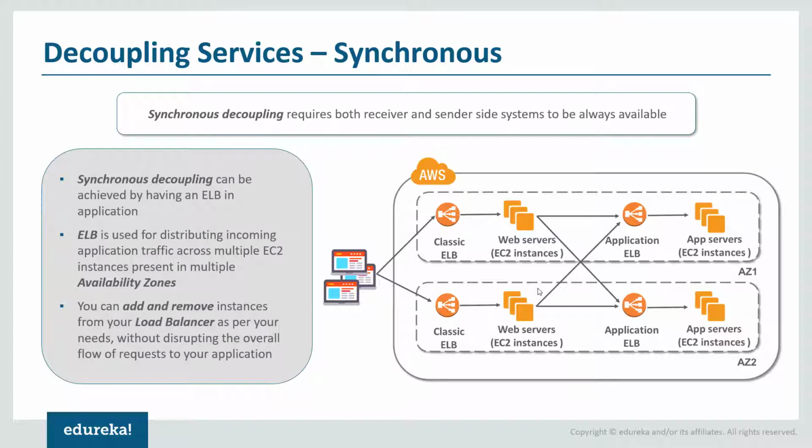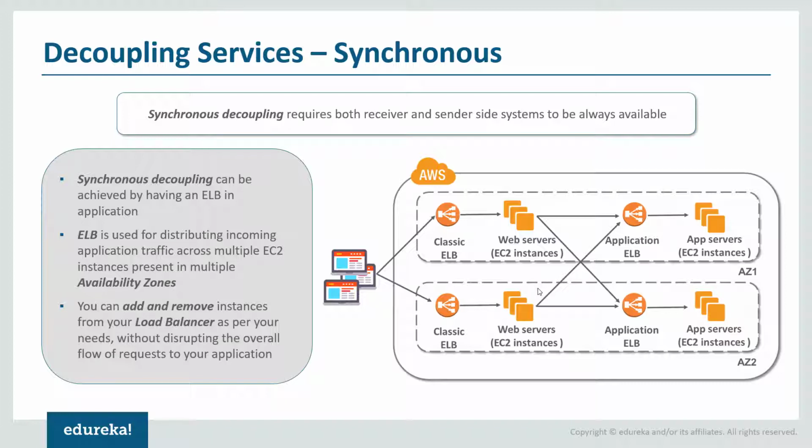If you observe the diagram, I have two sets of instances. One is a web server instance, the other is an application server. Typically we combine the application server and web server into the same instance, but here we have separated them.